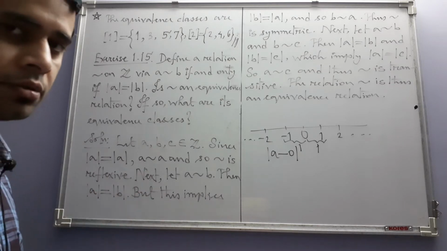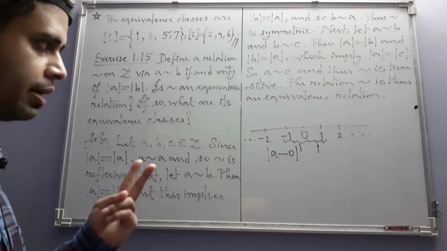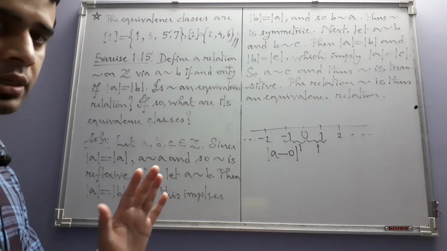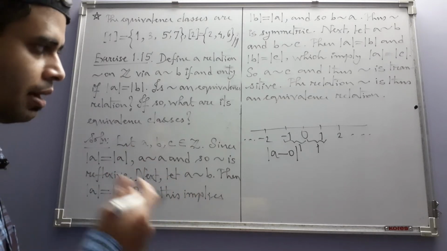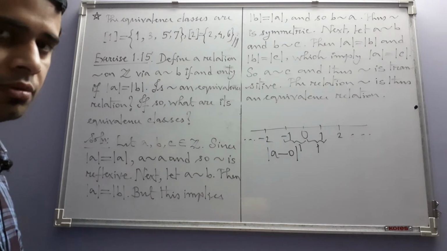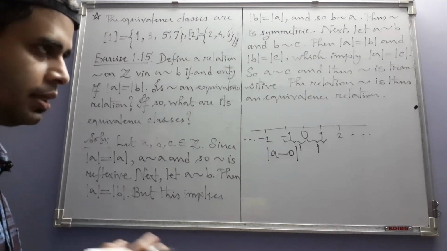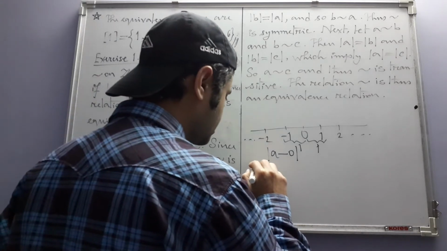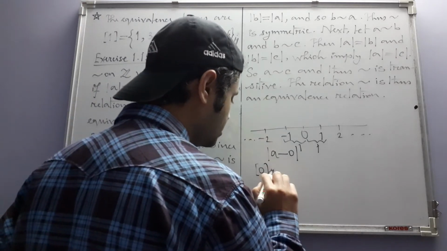in every equivalence class there will be exactly two integers, except there is one exception. Apart from that, in each of the other equivalence classes there will be two integers. So the equivalence classes will be these.